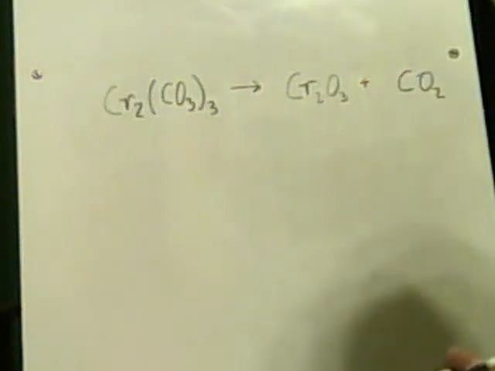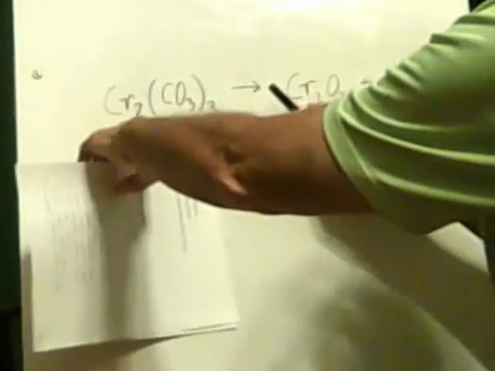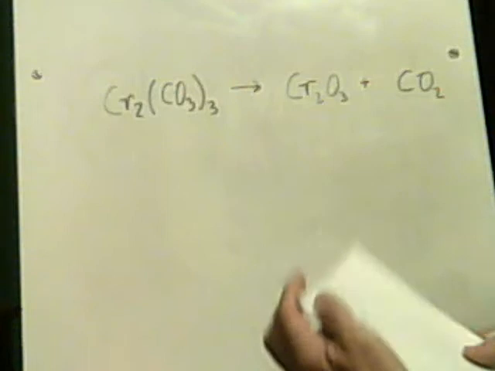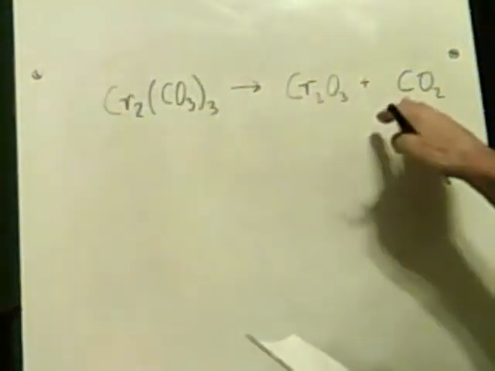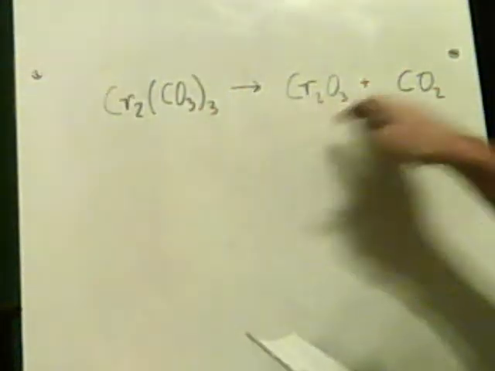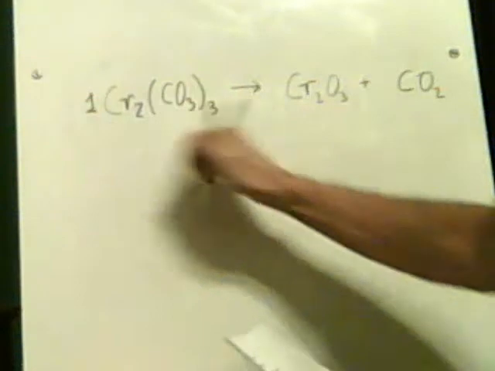Okay? Now, in order to start off balancing this, I want to pick an element that only appears in one place on the 2 sides. Okay? That makes it easy. I could start here with the chromium, or I could start with the carbon, but I won't start with the oxygen. Let me just start with the chromium because it's the first one I come up against.